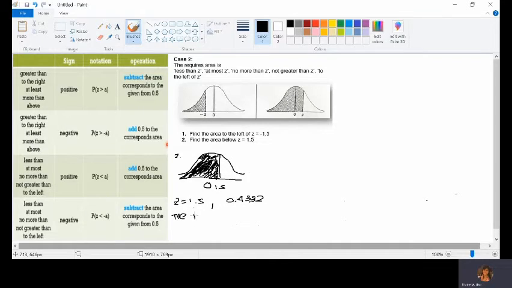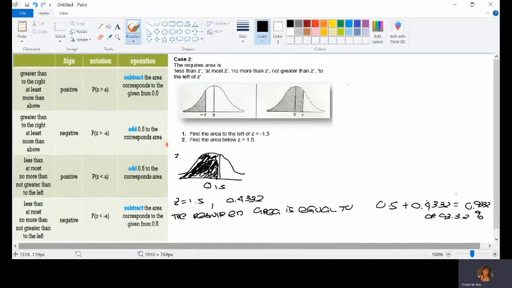So the required area is equal to 0.5. Why? Because remember, this will be our operation plus 0.4332, which will give us an answer of 0.9332 or 93.32%.